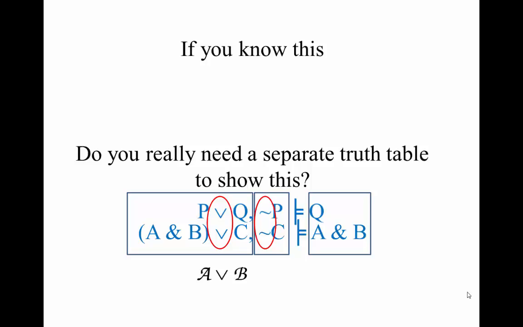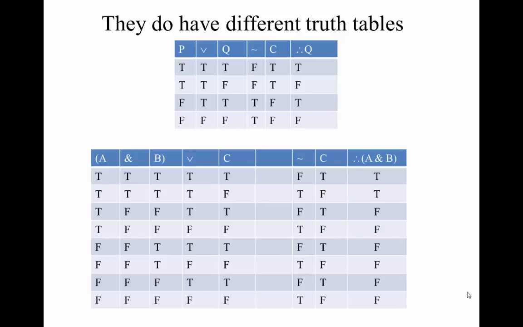So you can think of the first premise as a statement of the form A or B, where we're using our script letters here as metavariables. The second premise is the negation of the right side of the first premise, and the conclusion is the left side of the first premise. These two arguments are the same. And yet, if we were to draw up truth tables for them, they would be completely different.